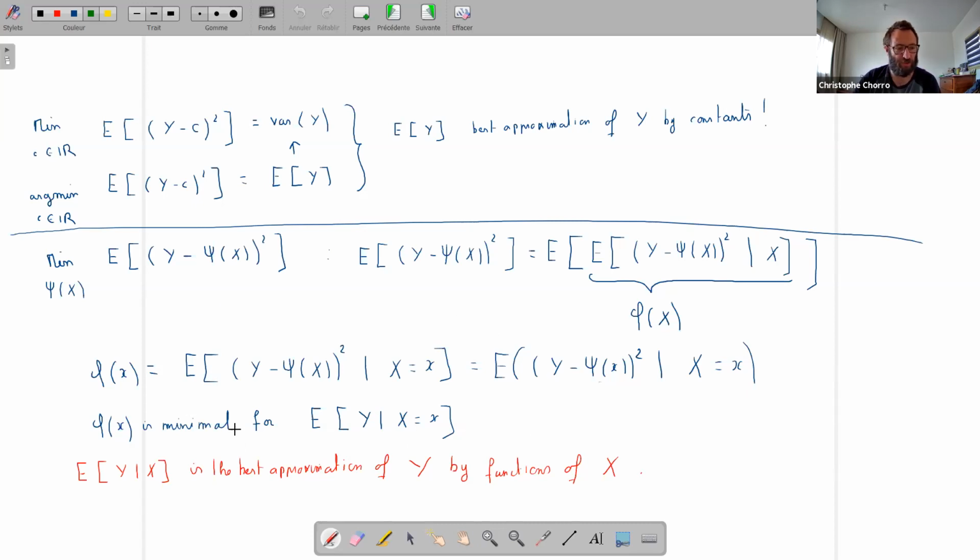Here, if I do the same, the conditional expectation is the best approximation of y by a function of x.